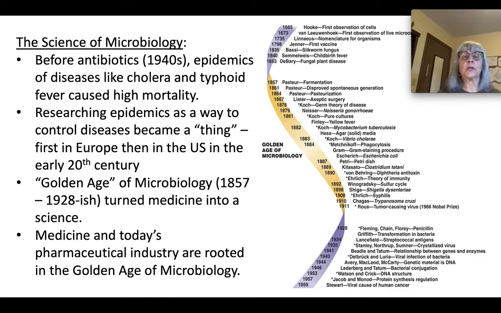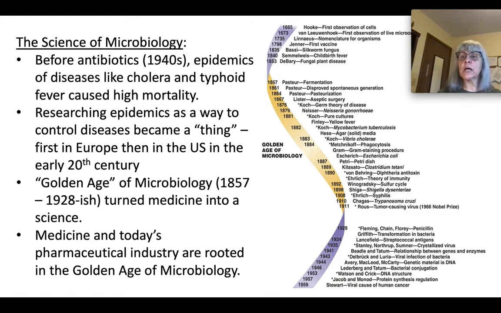The reason that we were able to see microbes, of course, was because of the advancement of the microscope. But the reason there was an interest in microbiology was because of disease and illness. Not only disease and illness, but epidemics, the spreading of disease within a population.